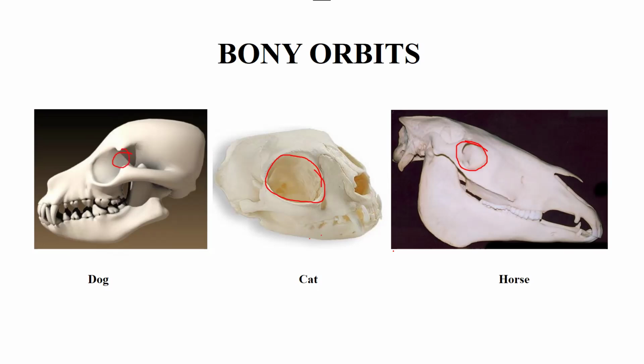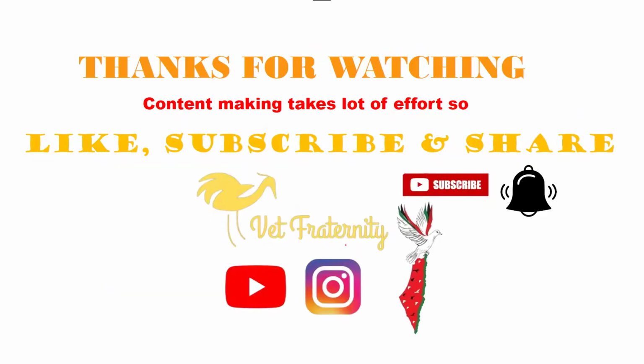That is the difference between the dog and other species' bony orbits. So that was all about a basic intro to the structure or anatomy of the eye. I hope it will help you a lot while studying the other topics, or the detailed diseases that we are going to see in the next lectures.